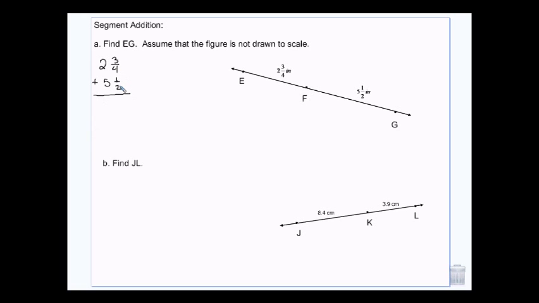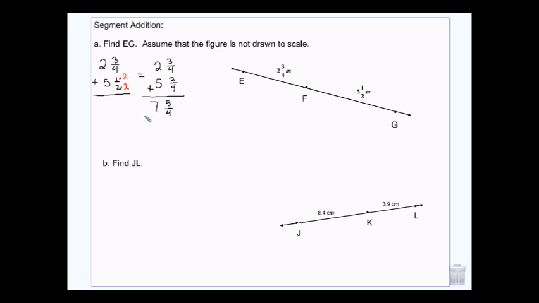Yeah, we have to make them the same. So I'm going to multiply this one by what? So I'm going to get 2 3/4 plus 5 2/4, which is going to give me 7 5/4.